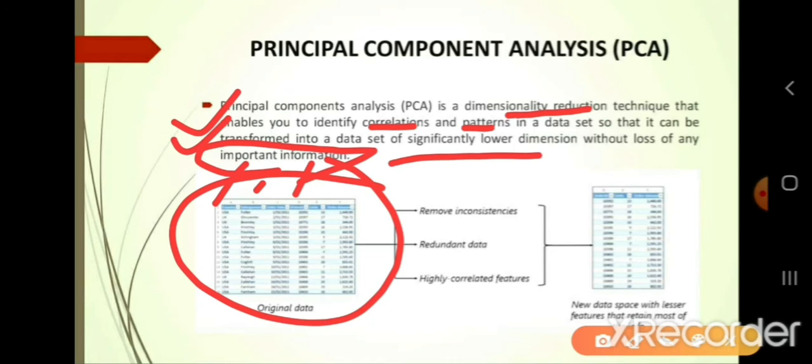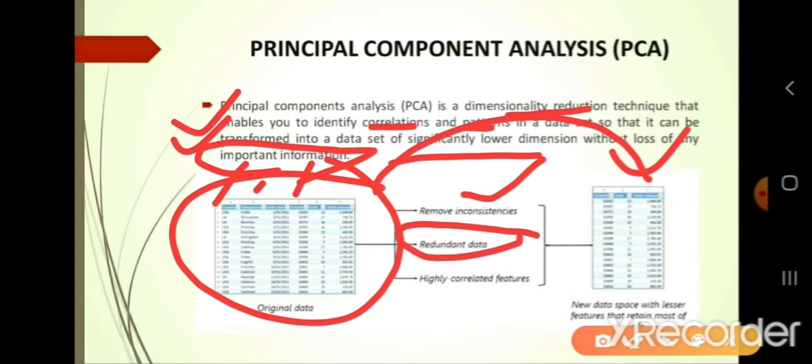Principal component analysis selects the most important variables, removes the inconsistencies and redundant data, and selects the data which has the highest correlations and patterns.